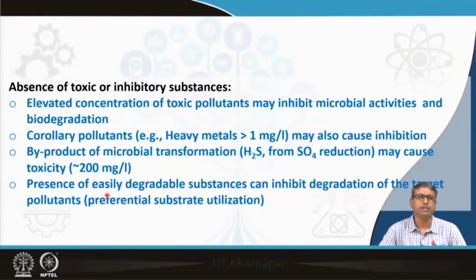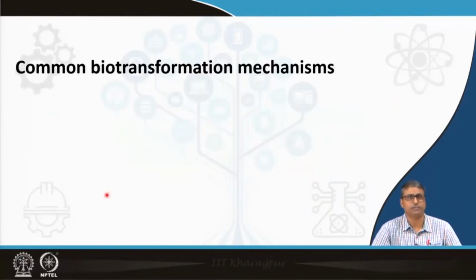For example, if we have acetate or lactate or other readily metabolizable sugar molecules in an environment, or in the case of pollutants that are used as a source of nitrogen or phosphorus, if you have a readily metabolizable nitrogen or phosphate source, then possibly the pollutant molecules are not going to be degraded as efficiently as expected if such easily degradable substances were not there.